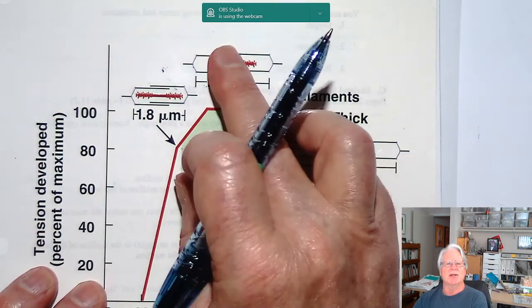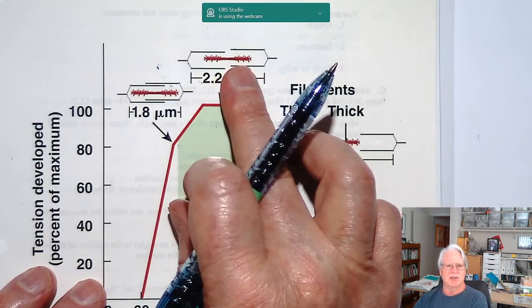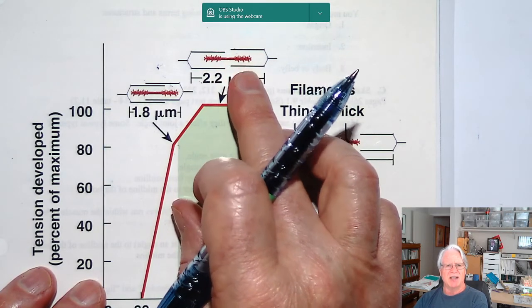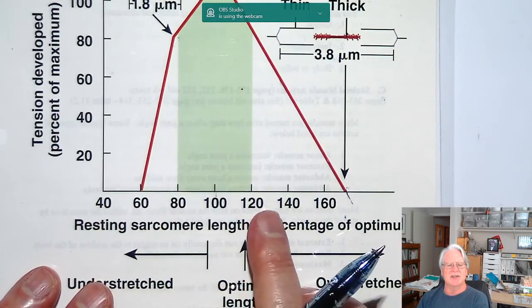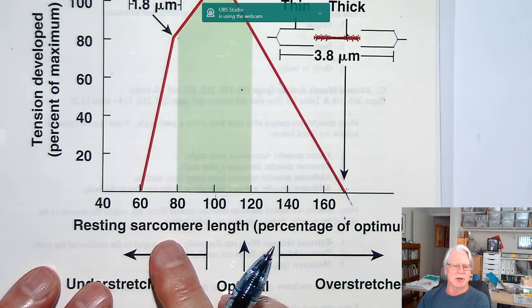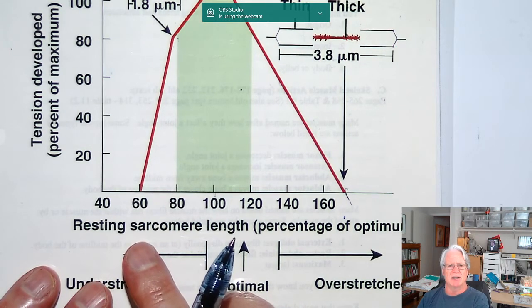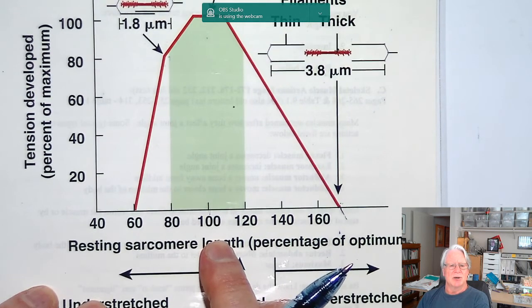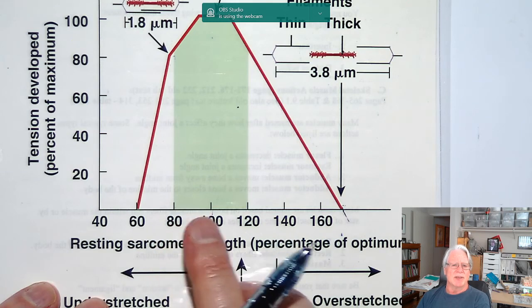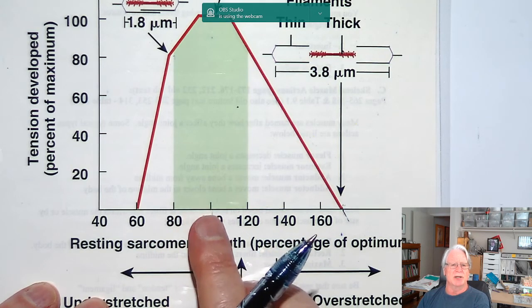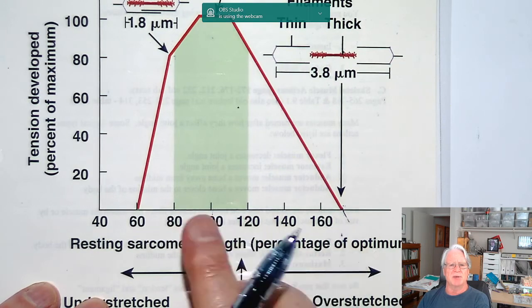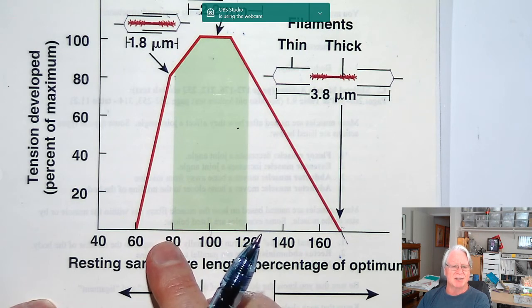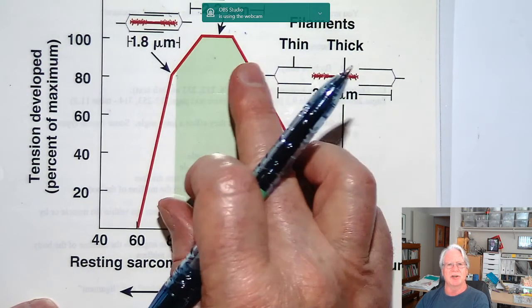So your optimal position would be where the maximum amount of cross bridges can be formed. That's the optimal, and it's somewhere between 80 and 120. So this is percentage of resting sarcomere length. 100 would be 100% of optimum, and then this would be 80%, less than optimum, and 120%, over.